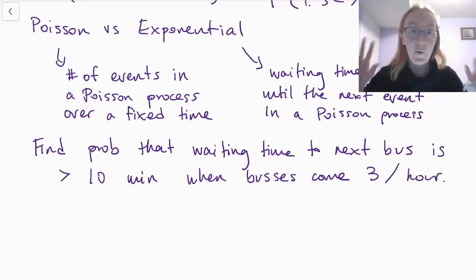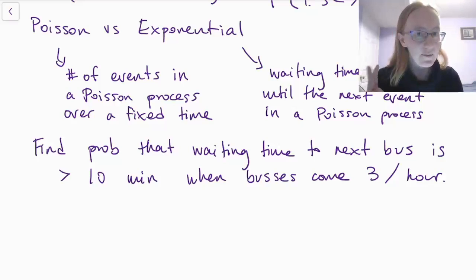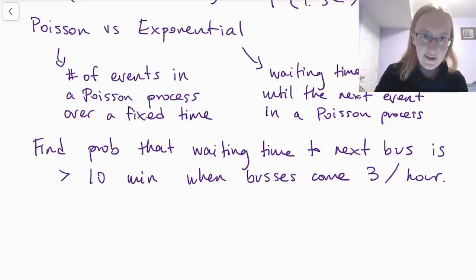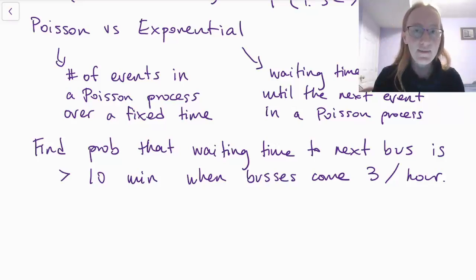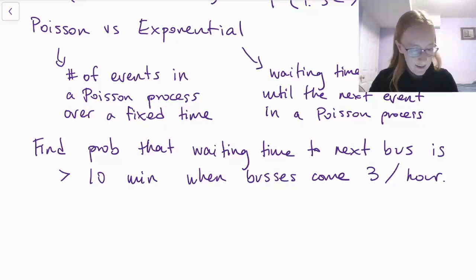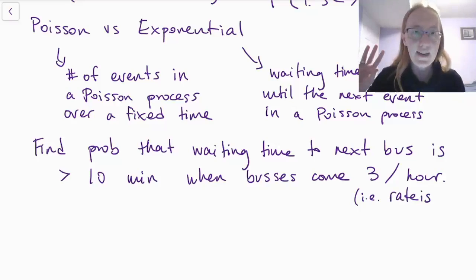Okay, so here's a question. We could do this in two different ways. We could write this as a Poisson problem, or we could write this as an exponential problem. In both cases, let's turn everything into minutes. So 3 times an hour, that means the rate is how many buses per minute.